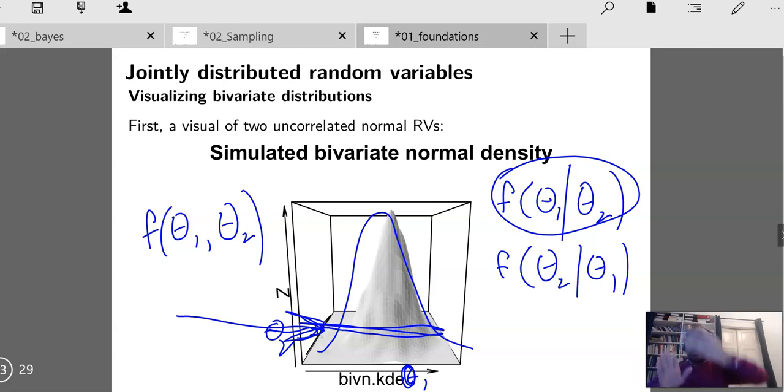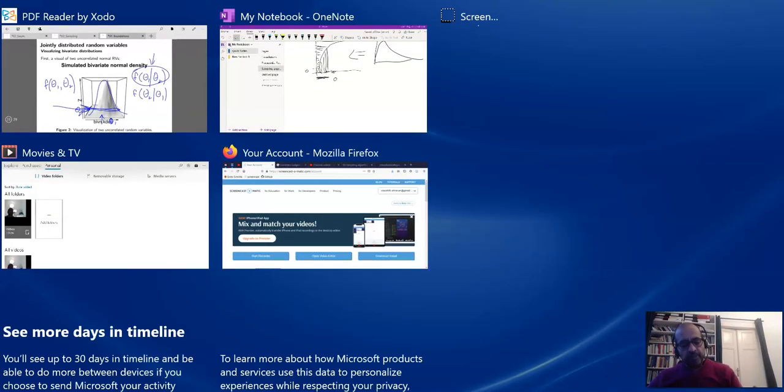What that will give me is a flat plane in this bivariate distribution, in this cone. If I take a cut from one side, I'm going to get one flat plane. And if I look at theta 1 from this side for that particular slice that I took from the theta 2 angle, I'm going to get a univariate distribution that is the conditional distribution of theta 1 given theta 2. Similarly, I could flip theta 1 and theta 2 and get the conditional distribution of theta 2 given theta 1. So that's what it means to have a conditional distribution from a bivariate case.